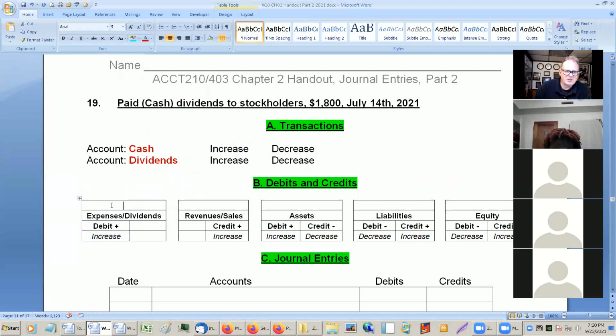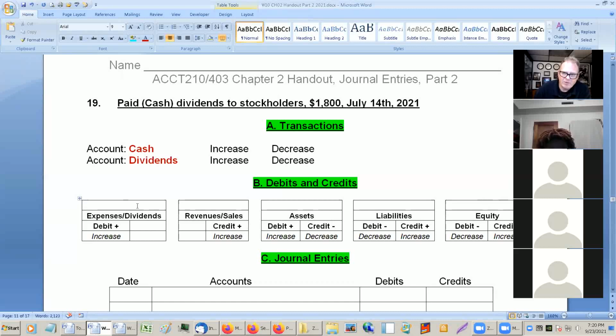They're like the expenses. Some textbooks will say dividends are really retained earnings, well, retained earnings statement. What do they do to retained earnings? They decrease it. So some books will show dividends as an equity account that's going down, working against the equity.